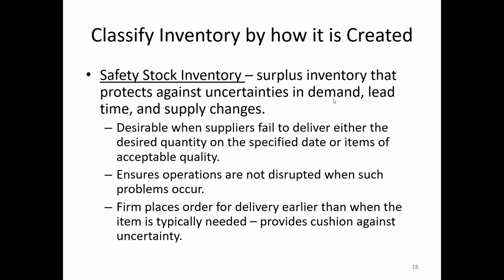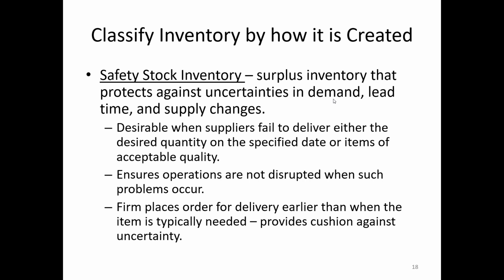We also have an inventory called safety stock inventory. Safety stock inventory is there to protect us against uncertainties: variability in demand, lead time, and supply changes. You need that special inventory because sometimes suppliers fail to deliver what they promised or what you expected, or they fail to deliver it properly.